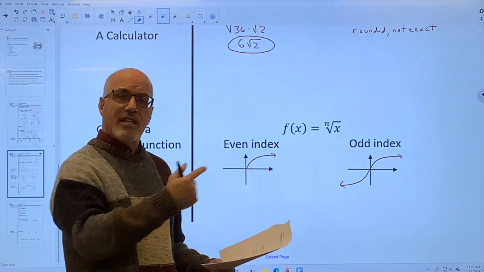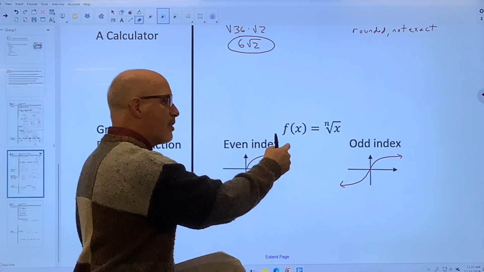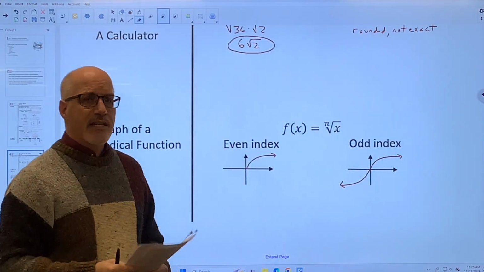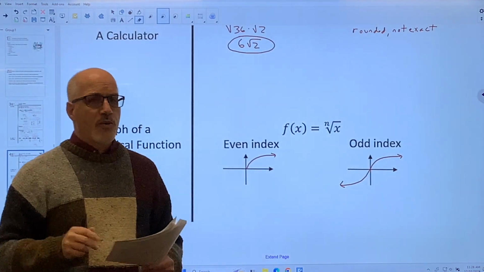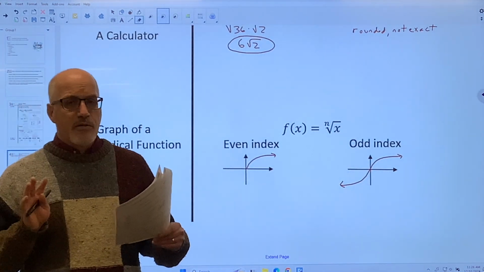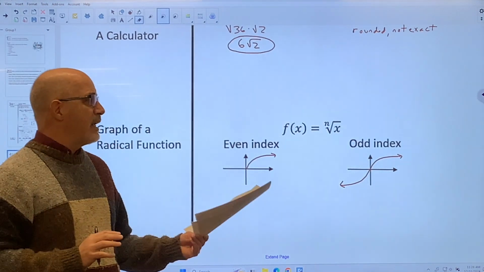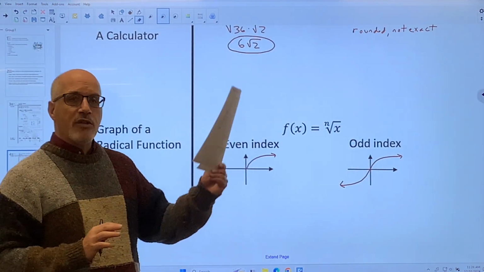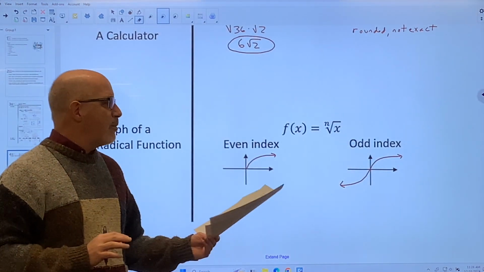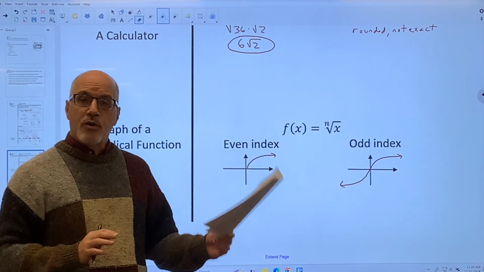It has the other half of it going in the negative direction because you can take the root of a negative. So these are the basic information about radical functions as we introduce them, about what you do with the notation and what you do with the graphs of them.